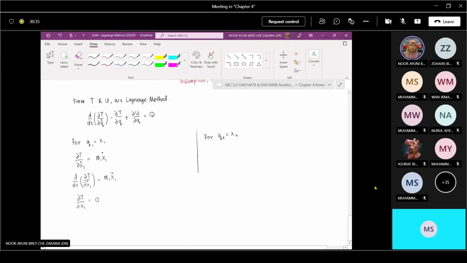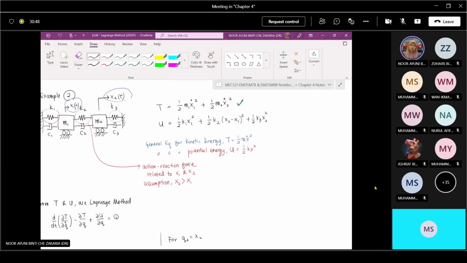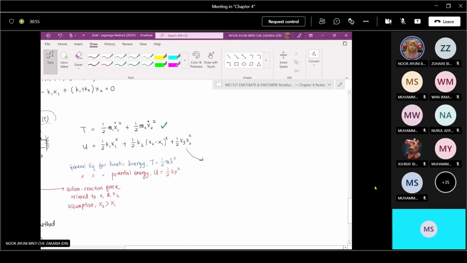Okay, and last is potential with displacement. You might want to expand this so that it's easier to do the differentiation. Okay, I try to expand that.